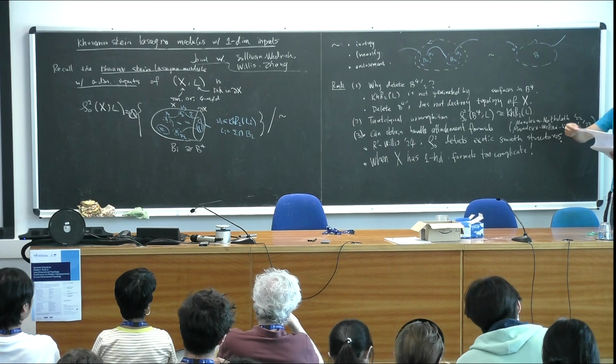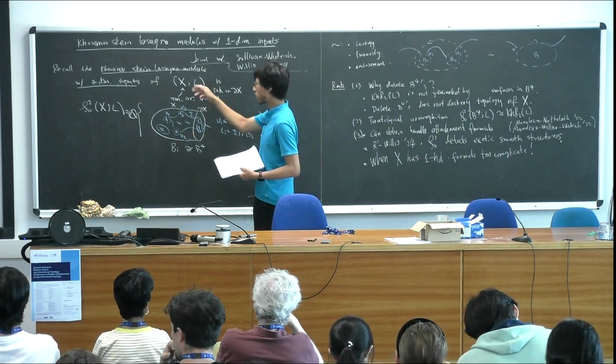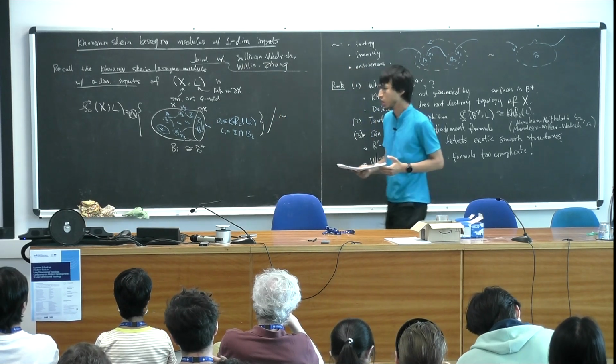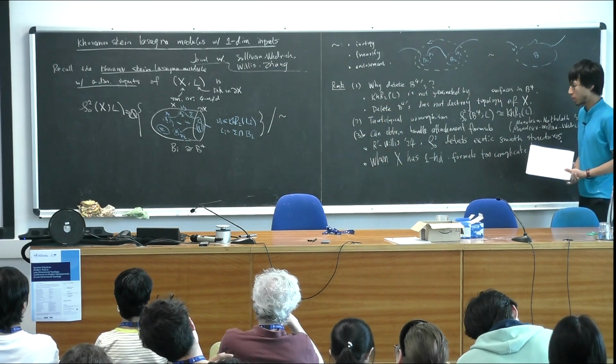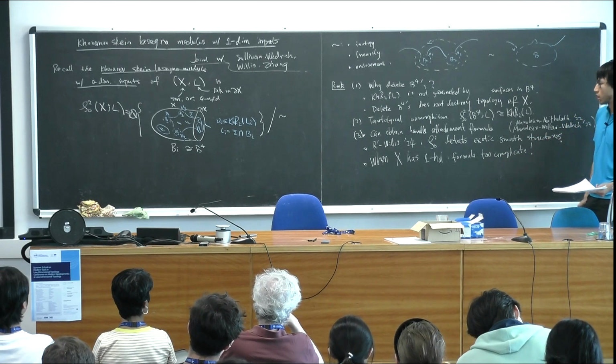So today, instead of sticking with the original definition of skein lasagna module, I'm going to modify the construction a little bit, hopefully to resolve at least this issue of one handle attachments.